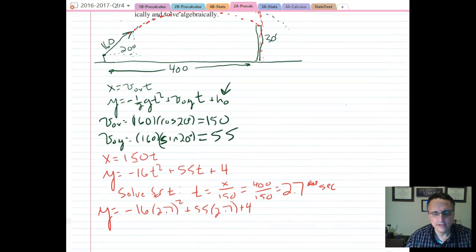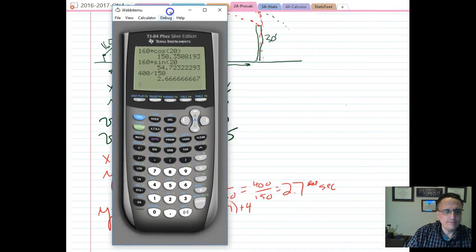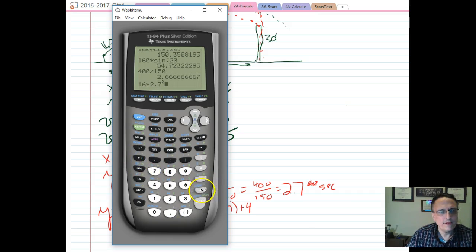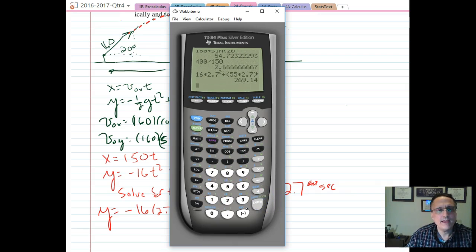If I put 2.7 in, bring my calculator back over, and grind that out right there, I have 16 times 2.7 squared. I will add to that the 55 times 2.7, and then I'll add to that 4. And we get 269.